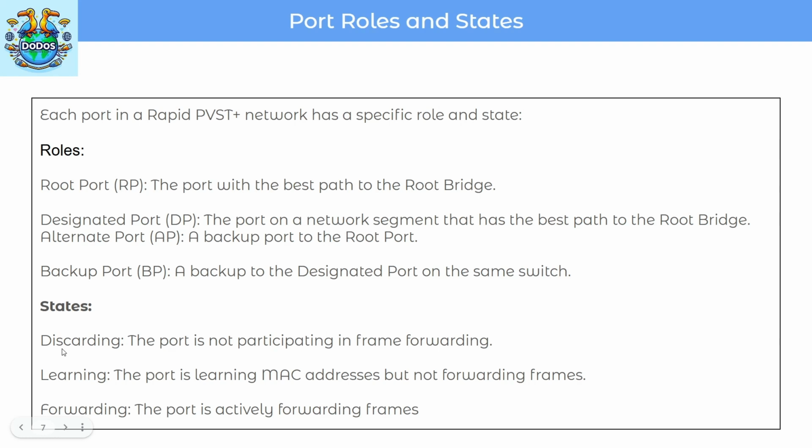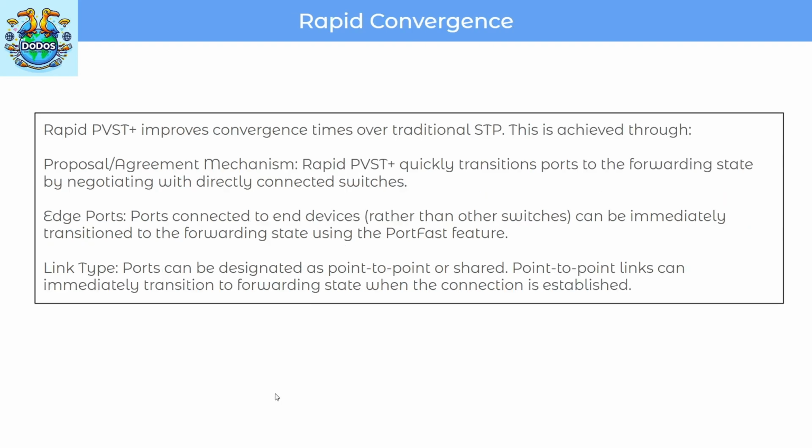The states are discarding, which is when the port is not participating in frame forwarding; learning, where the port is learning the MAC addresses but is not forwarding the frames; and forwarding, where it's actively forwarding the frames.